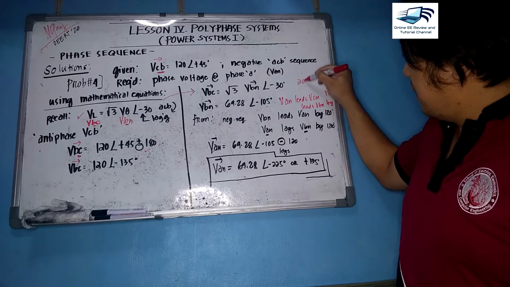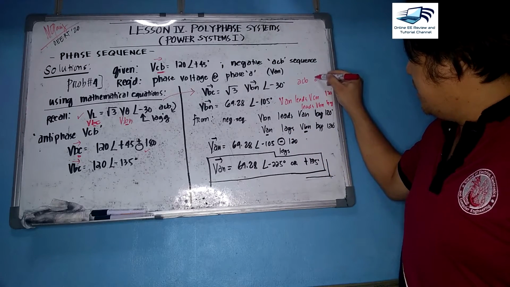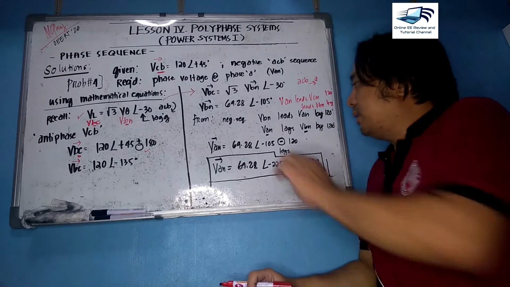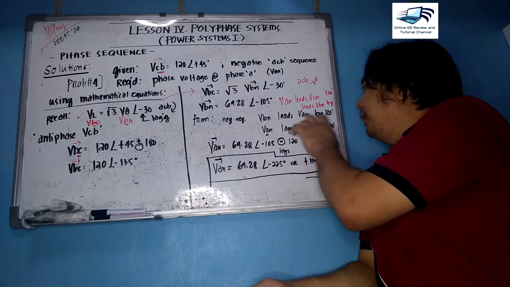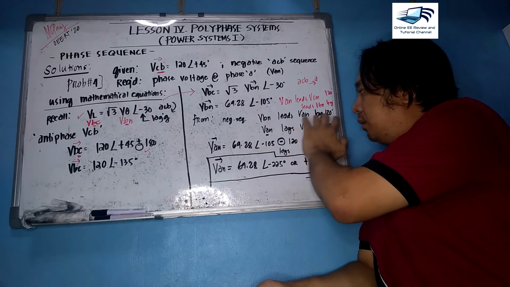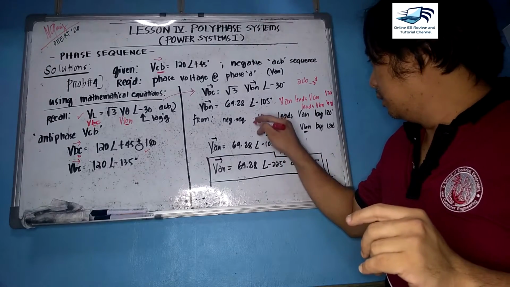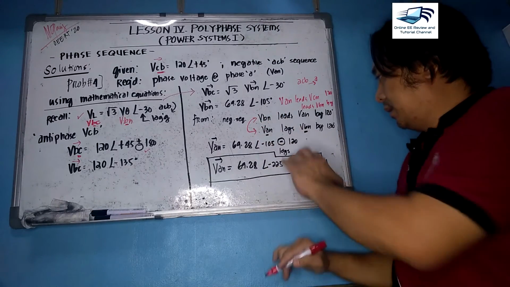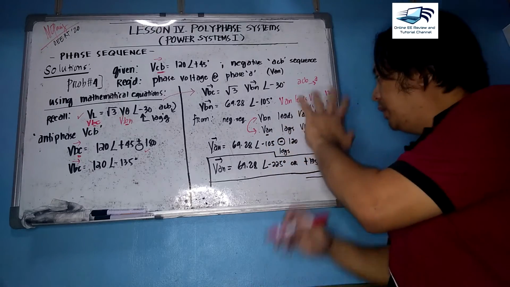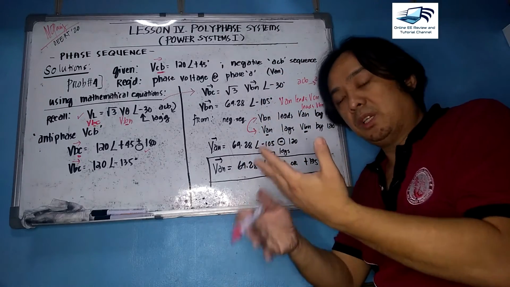Very obvious, if that is ACB, the next letter again is A. So, the transition from B to A. So, thus, VBN will lead VAN again by 120 degrees. Okay? However, this is the same as this statement, that VAN lags VBN by 120. We just change the reference.